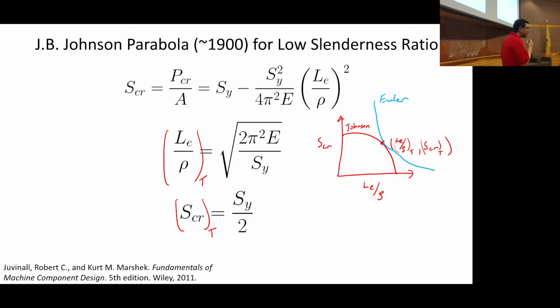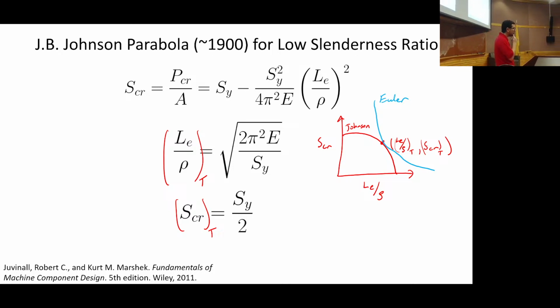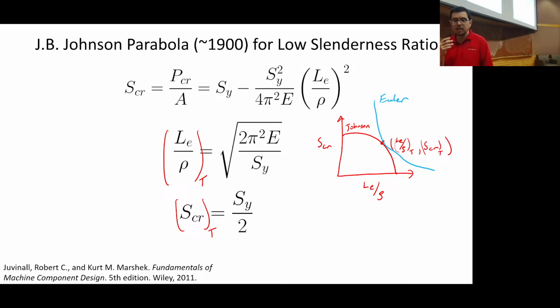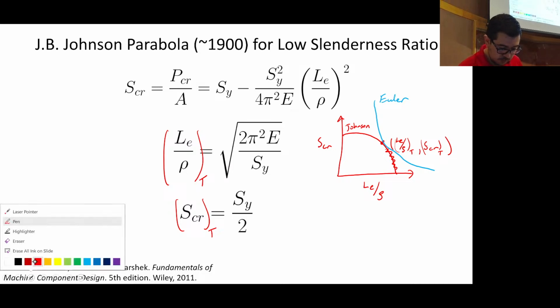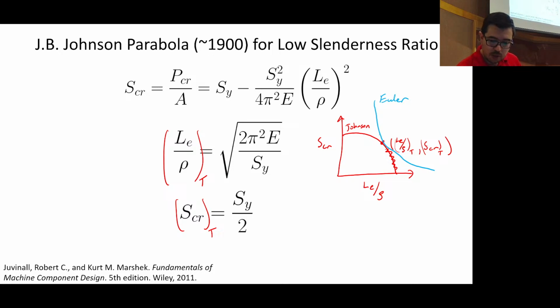Where do I trust these lines? Yes, Anthony. For the point, it's Johnson, that's a low slenderness ratio, and afterwards it's Euler. Exactly. So you don't trust Johnson once it gets into that regime, and we don't trust Euler before it gets to that tangent point.